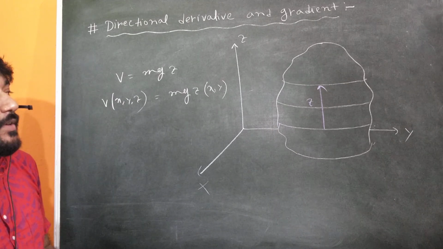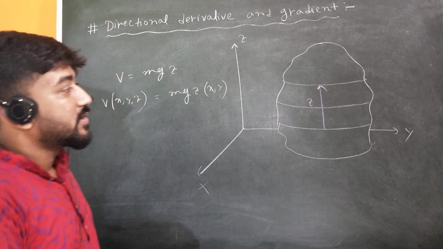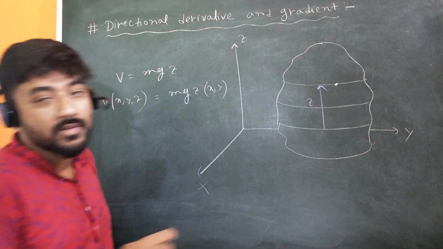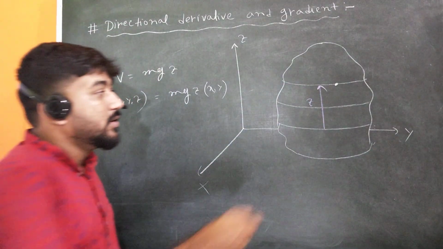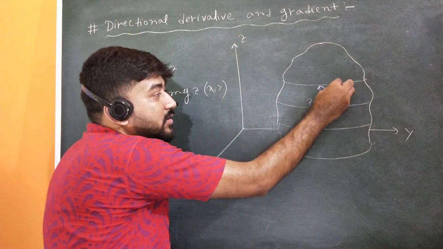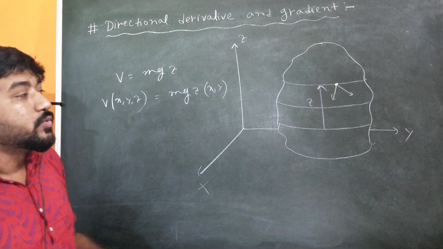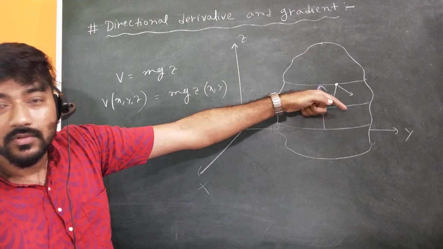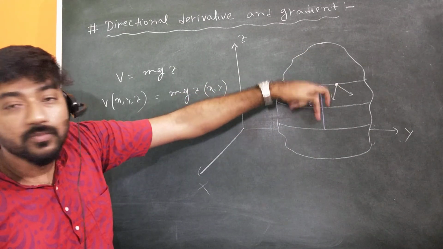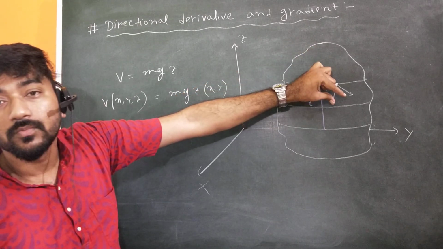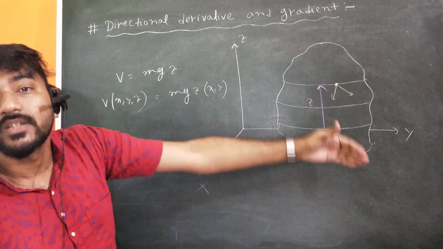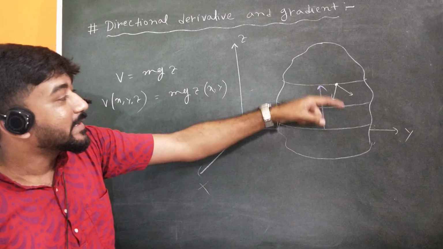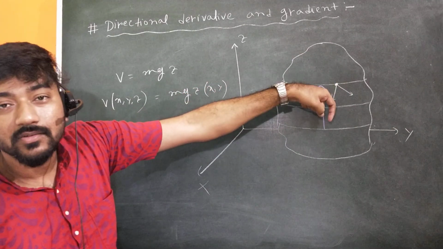Now if I ask you a very interesting question: from a particular level surface, in which direction do you have to move to get the downward slope that will vary most steeply? You have to find the change of z with respect to this direction.